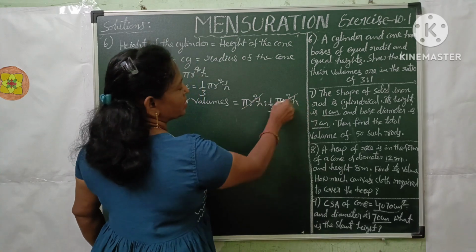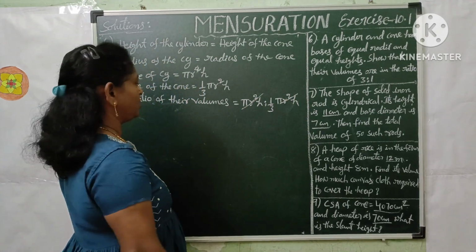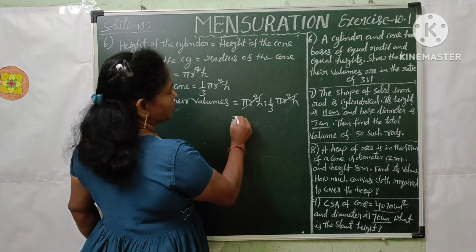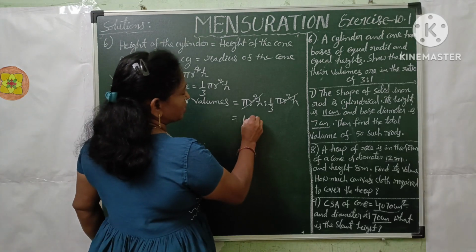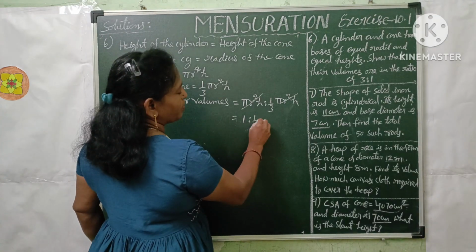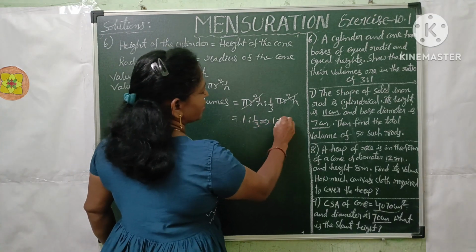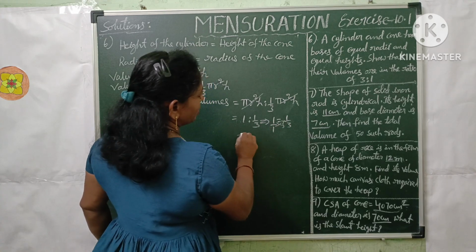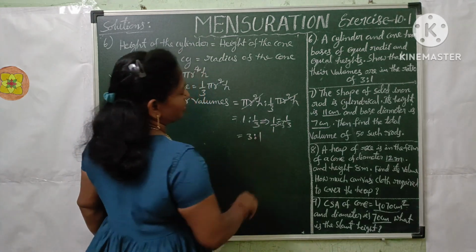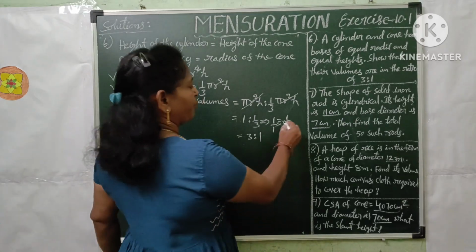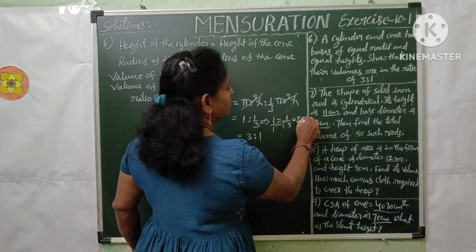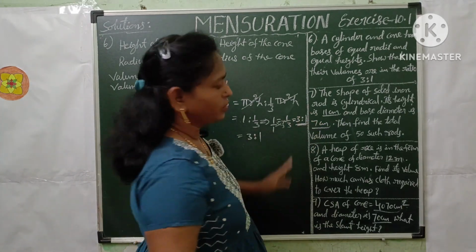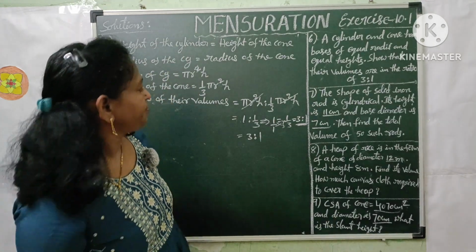Pi r square h, both are cancelled. That is equal to 1:1/3. By doing the cross multiplication, that is equal to 3:1. It is proved. So that is the 3:1 ratio. Is it correct? Next question.